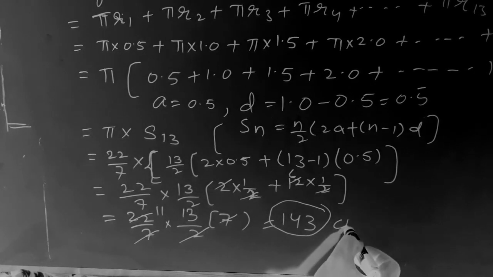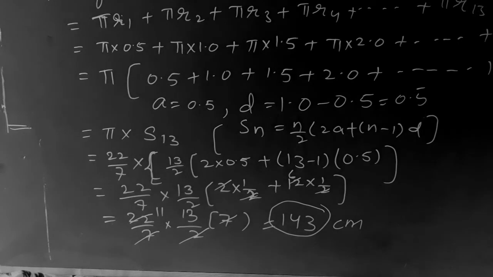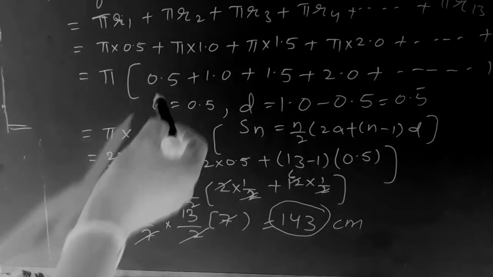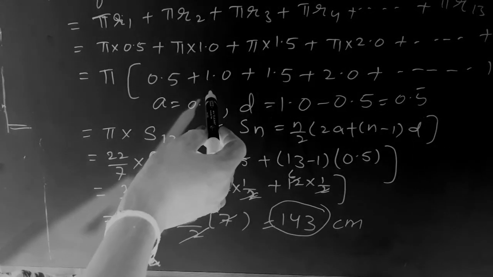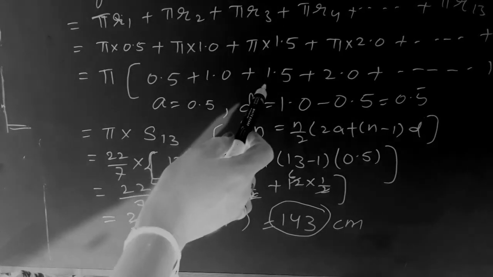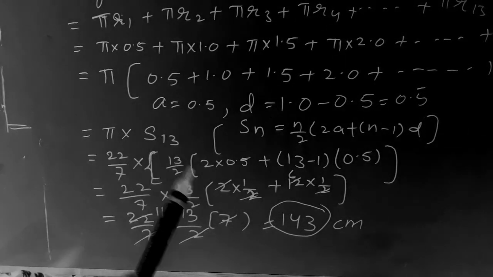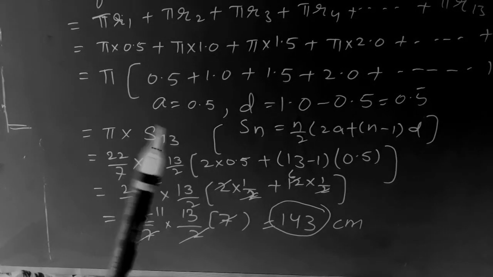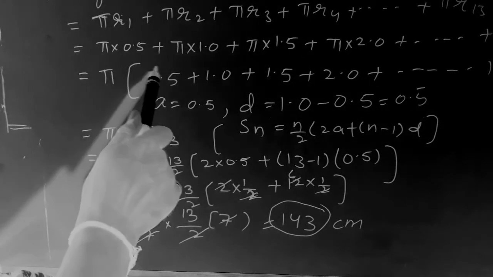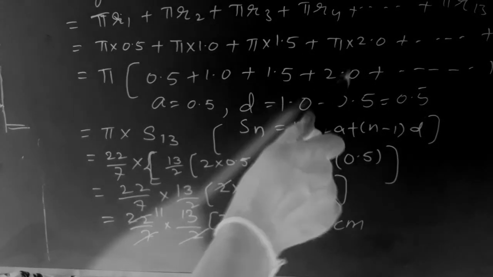He mentioned everything in centimeters, so our final answer is also in centimeters. I hope you understood. Here 13 semicircles are there. The radius of the first semicircle is 0.5, the second is 1.0, the third is 1.5, the fourth is 2.0, and so on up to 13 semicircles. This forms an AP series.